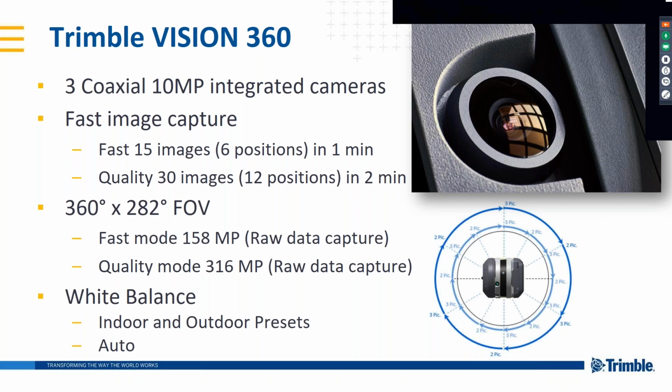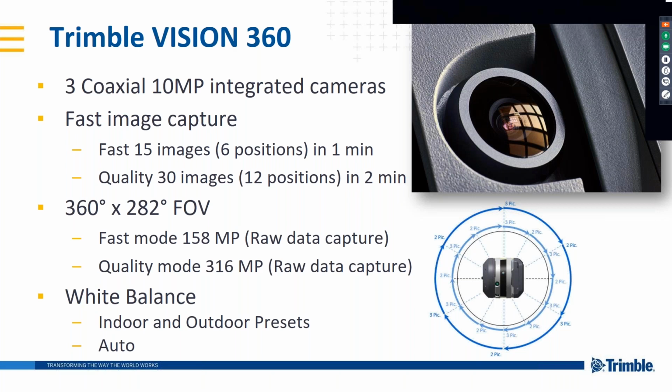Basically a fast 15 image, that adds on 1 minute to the scanning time. And then we also have what we call a quality 30 image. It's not that the picture in itself is any better, but the overlap of how it's taken is basically doubled up, and that adds on another 2 minutes, which gives us a reasonably good panorama view.